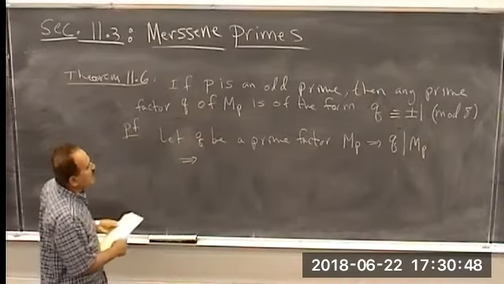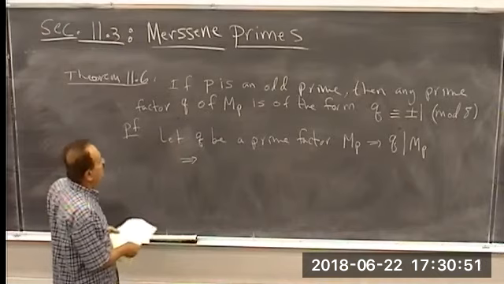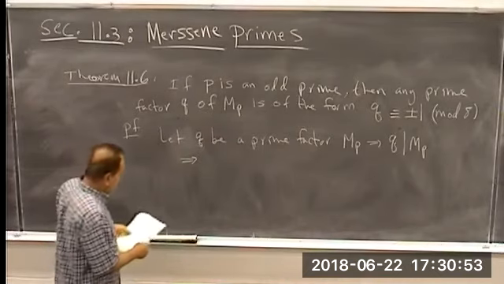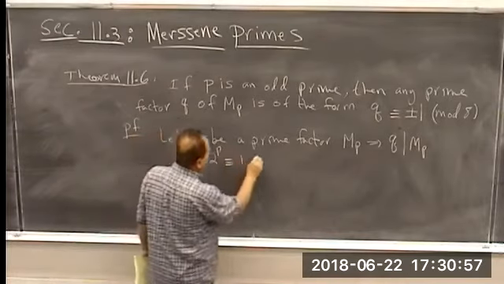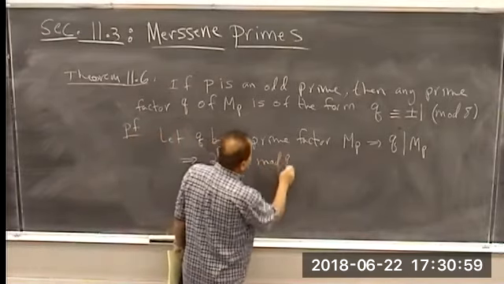If it doesn't have one, then it's going to be a prime. All right, so this means that 2 to the power P is congruent to 1 mod Q.